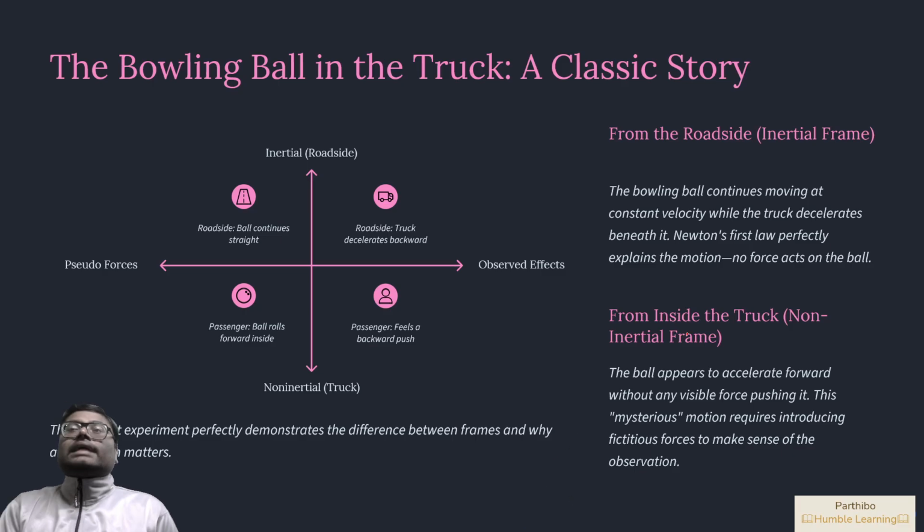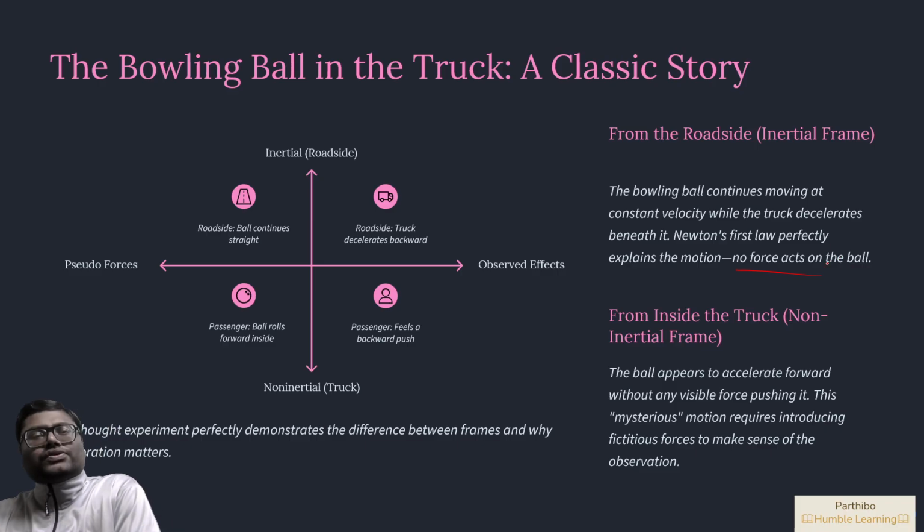No force acts on the ball; we have to consider no frictional force or any air resistive force. And from inside the truck, the non-inertial frame, the ball appeared to accelerate forward without any visible force pushing it. This mysterious motion required introducing a fictitious force to make sense of the observation.